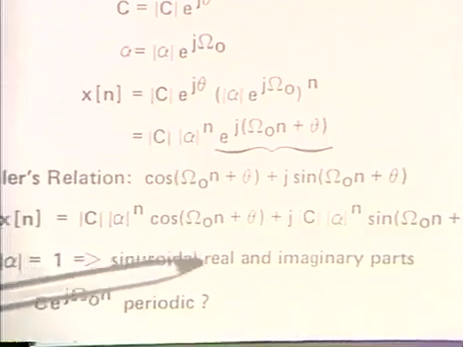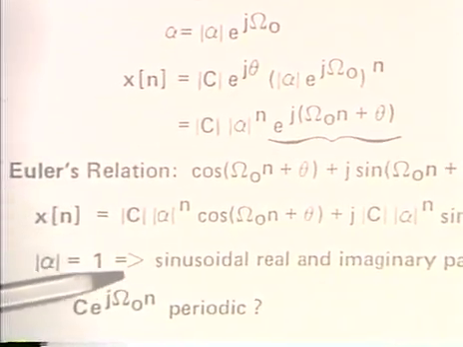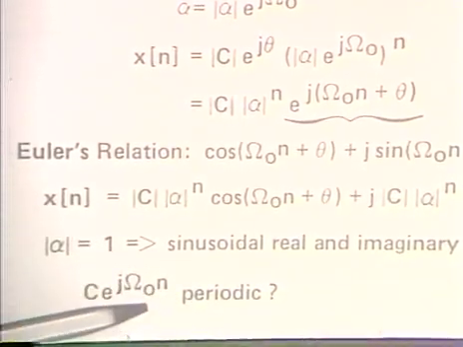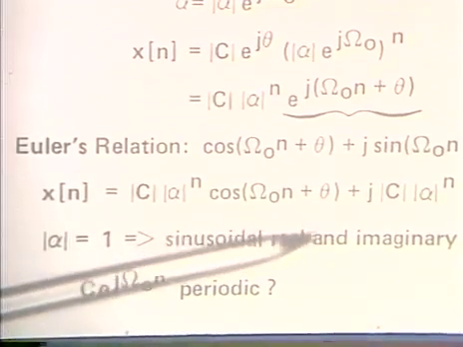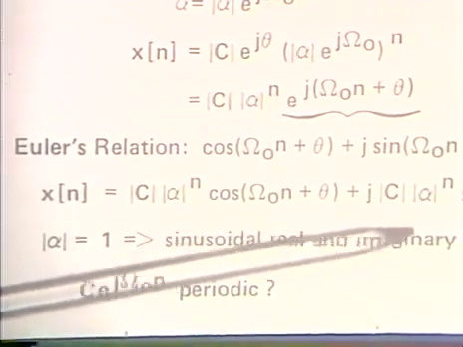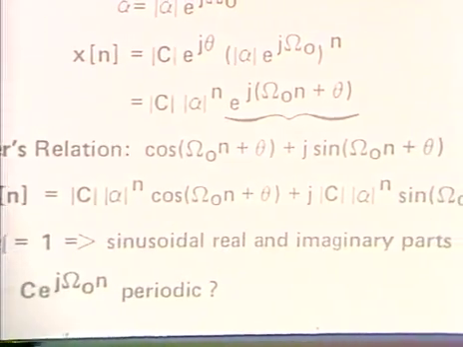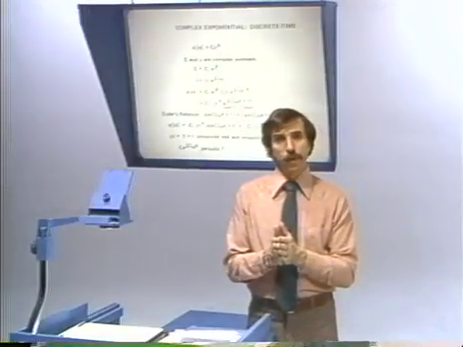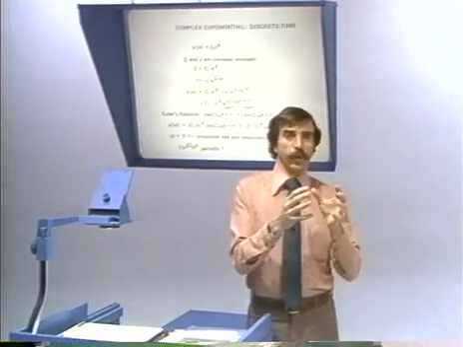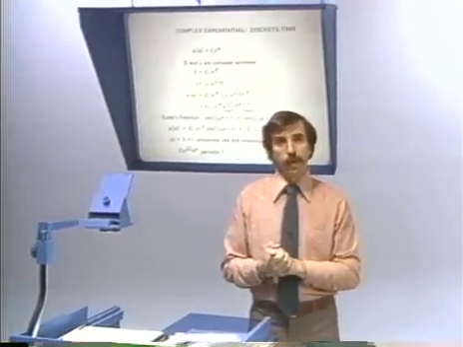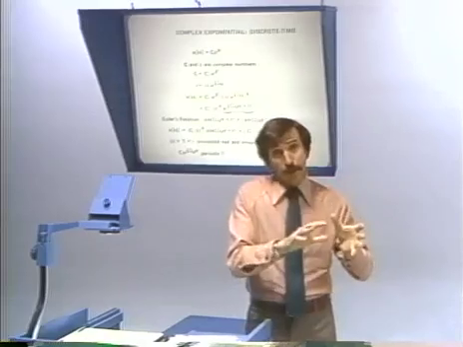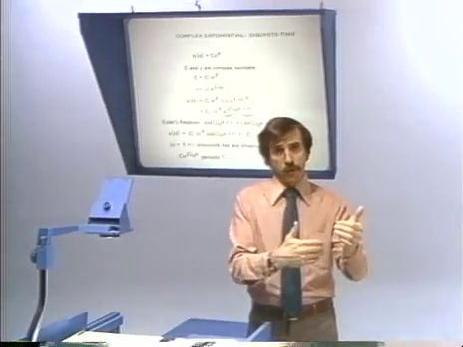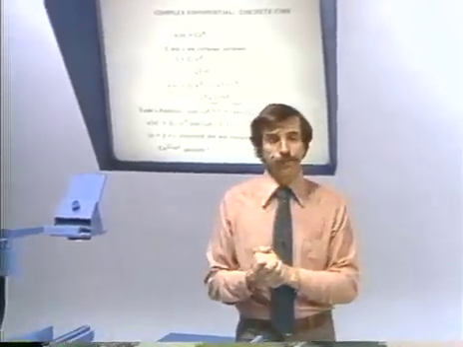Now, one can ask whether, in general, the complex exponential with the magnitude of alpha equal to 1 is periodic or not periodic. And the clue to that can be inferred by examining this expression. In particular, in the discrete time case, with the magnitude of alpha equal to 1, we have pure sinusoids in the real part and in the imaginary part. And in the continuous time case, with r equal to 0, we have sinusoids in the real part and the imaginary part.